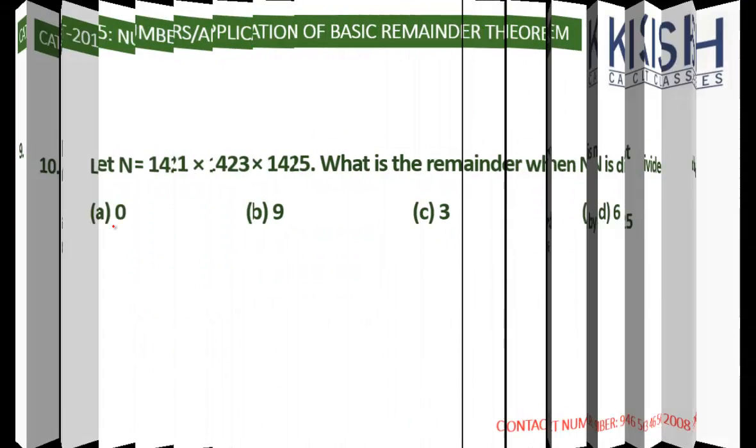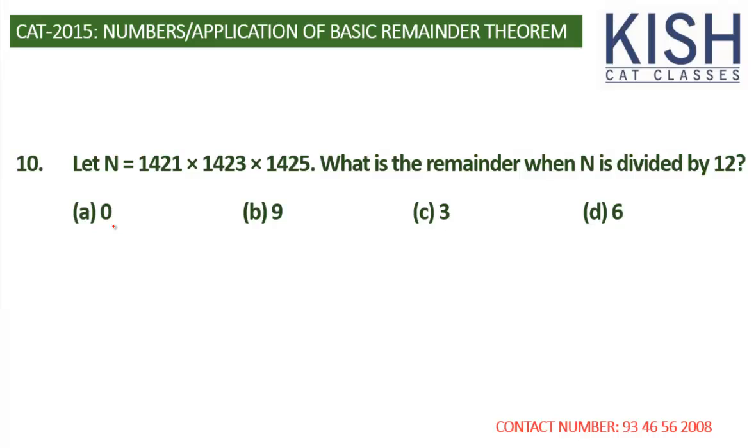Let's move to question number 10. N equals 1421 into 1423 into 1425. What's the remainder when n is divided by 12? This is a very simple number. If you have no idea how to solve it, the immediate step would be to multiply 1421 into 1423 manually.